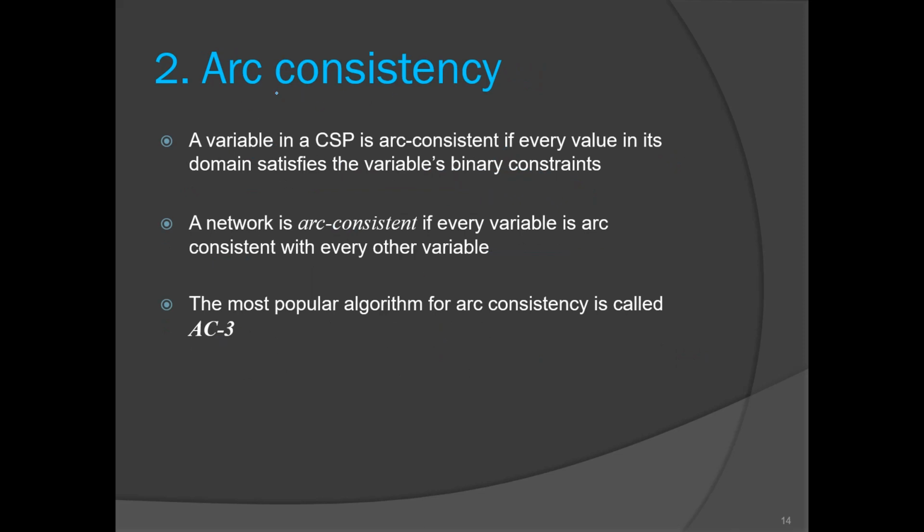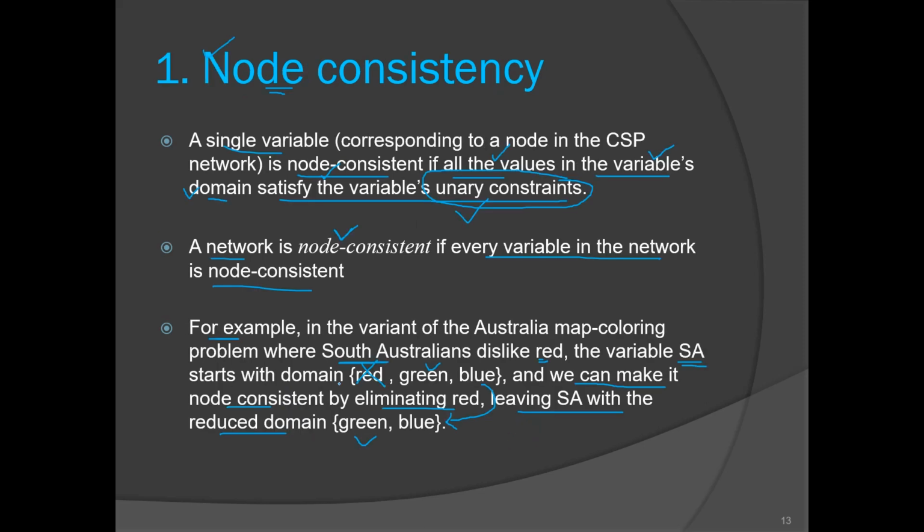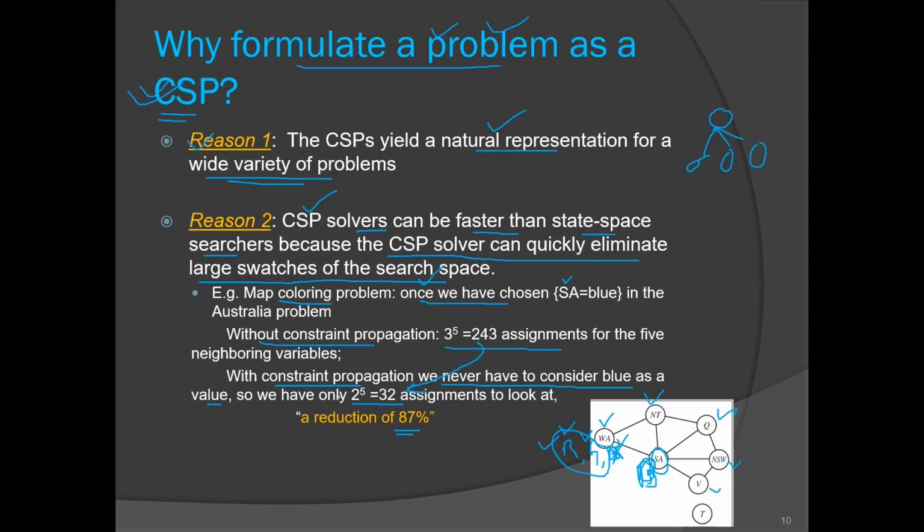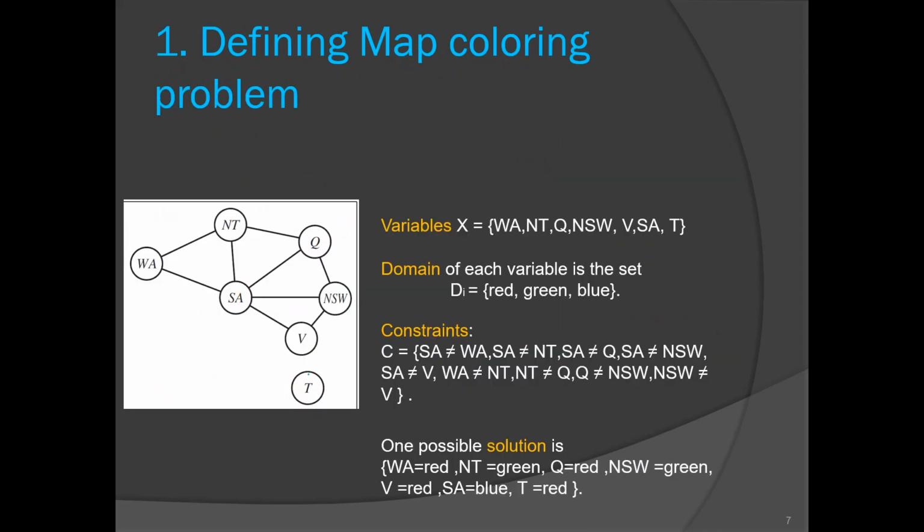Now arc consistency. Arc means what? An edge between two nodes. So this is our xi and this is our xj, variables xi, xj. There is an arc between them, and we have seen a constraint graph when we discussed the map coloring problem, right? What is it indicating?